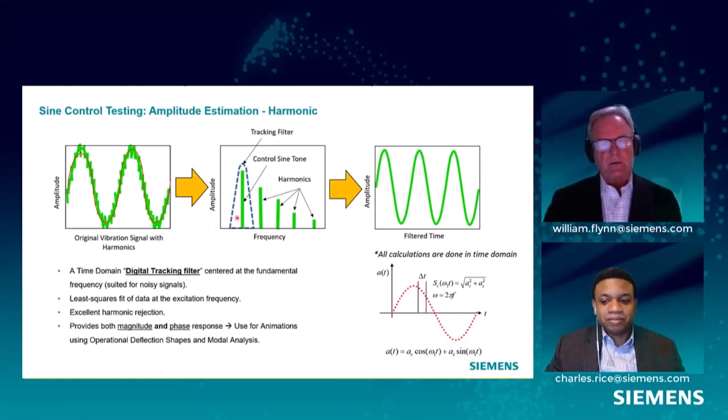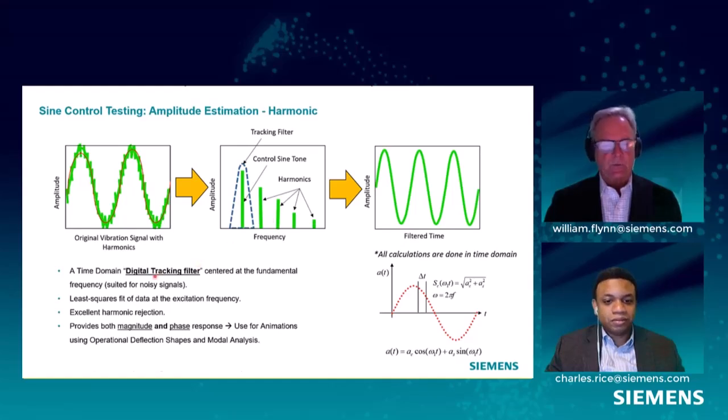It's going to do that by applying a harmonic filter around just the fundamental harmonic. These other harmonics are going to be added into this response, but we're going to filter all those out. But they certainly can contribute to the overall response, and they do. So if you want to take those into account, then you have to use a different amplitude estimator.